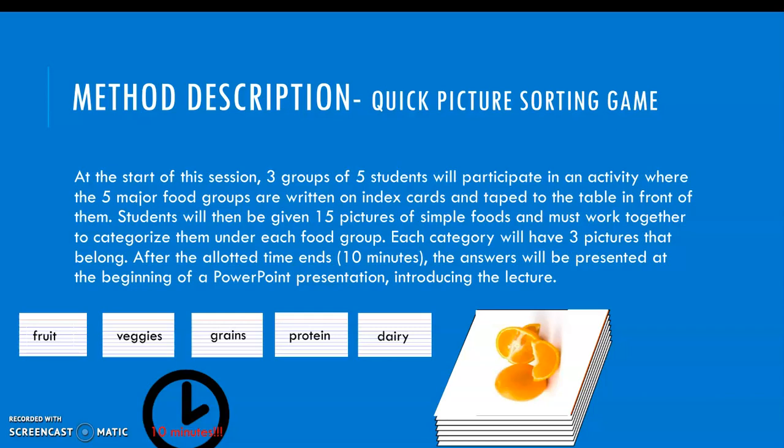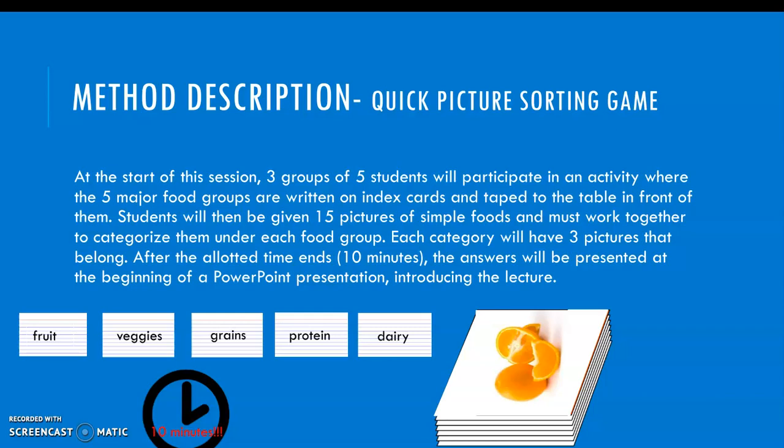Description of my game. At the beginning of the session, I will have the 15 students split up into 3 groups of 5. And here they'll participate in an activity where I have the 5 major food groups written on index cards and taped to a table in front of them, and they will be handed a stack of 15 pictures of just simple foods, and they must work together to categorize them under each food group.